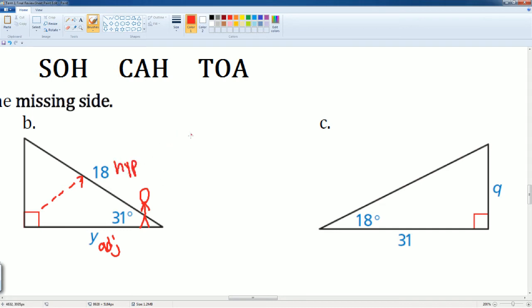So I have my adjacent and my hypotenuse, so that is my cosine. So I write cosine 31 degrees is equal to my adjacent, which is Y, divided by my hypotenuse, which is 18. Let's do C.